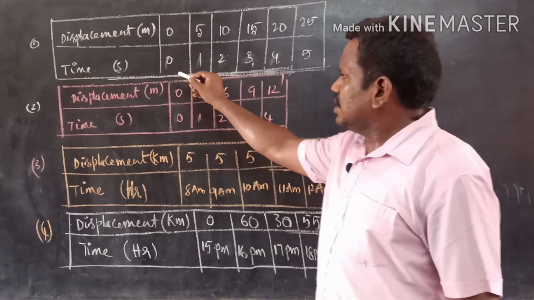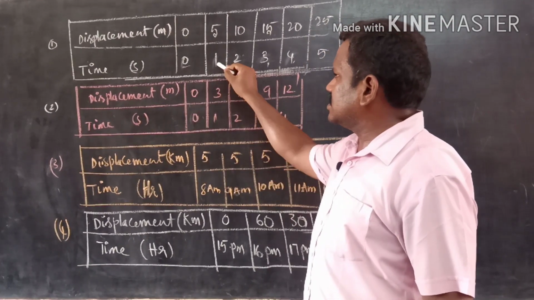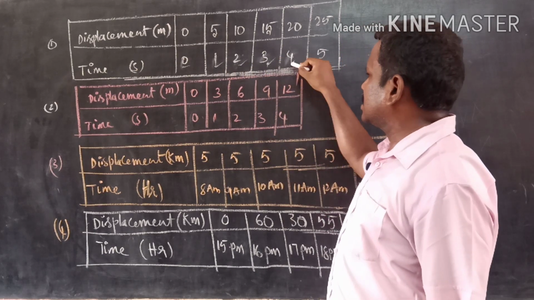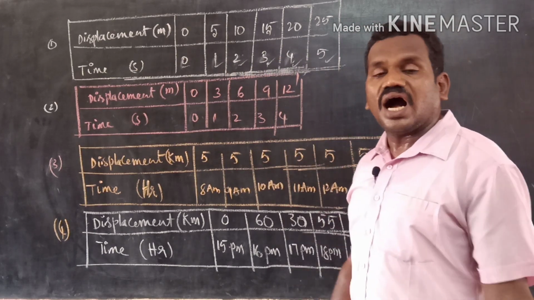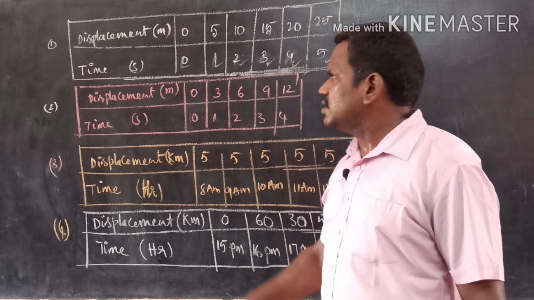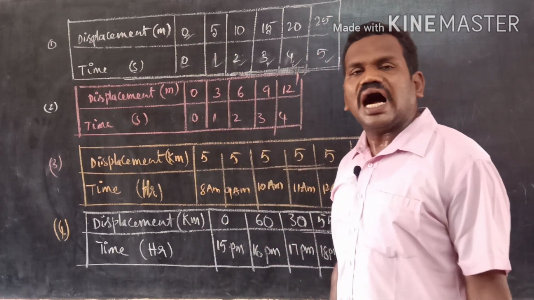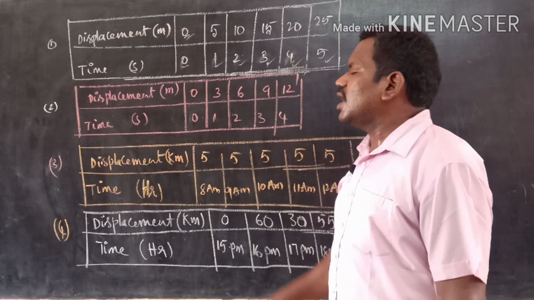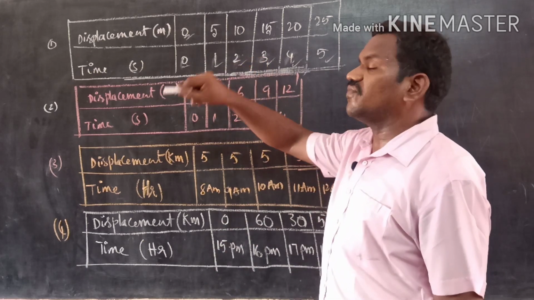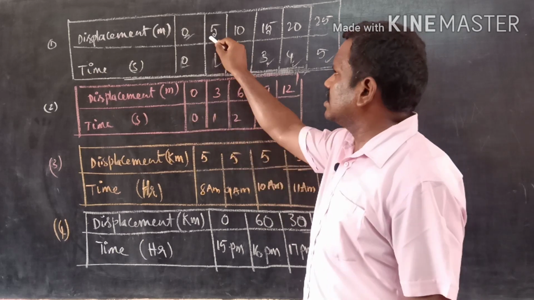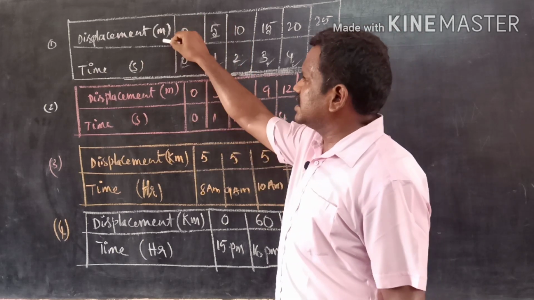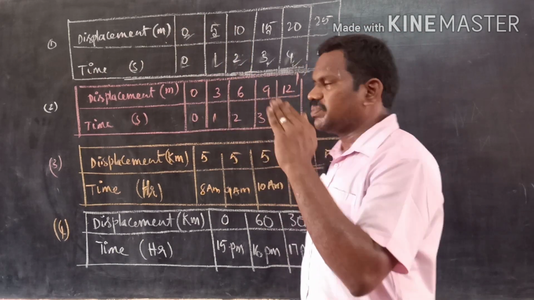See here, the time intervals are 0 seconds, 1 second, 2 seconds, 3 seconds, 4 seconds and 5 seconds. After starting the vehicle, in the 0th second the displacement is 0. In the first second, the displacement of the body is 5 meters, from one place to another.